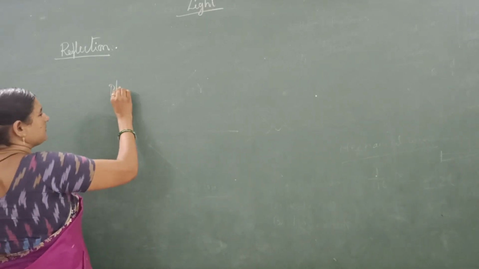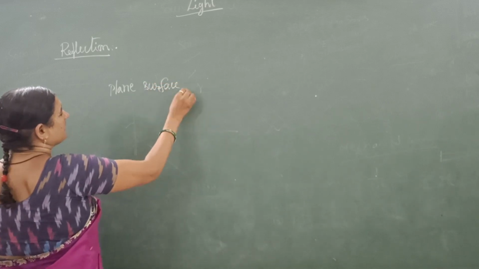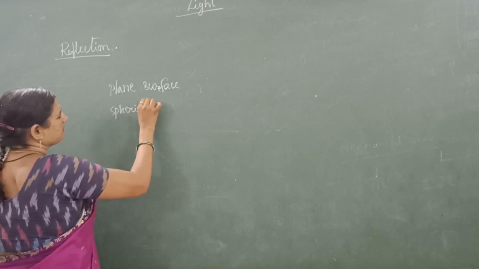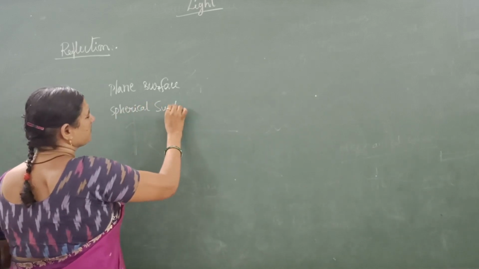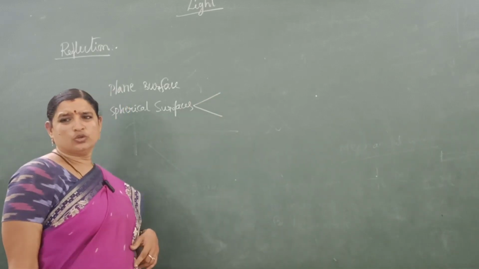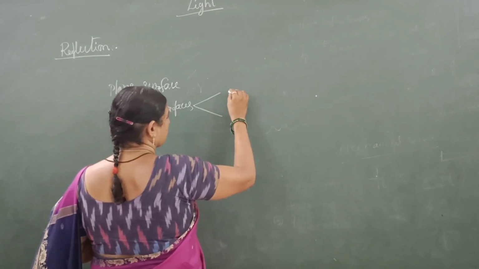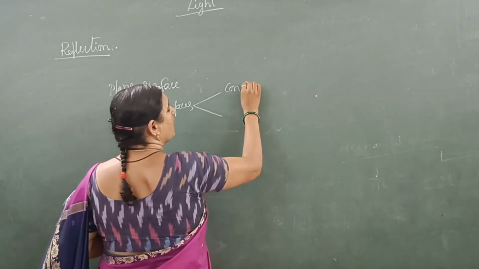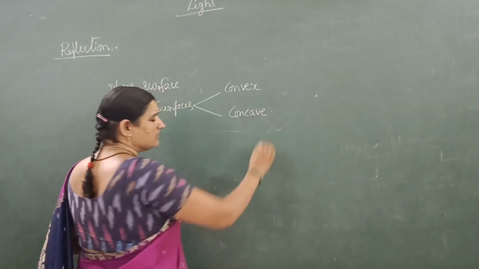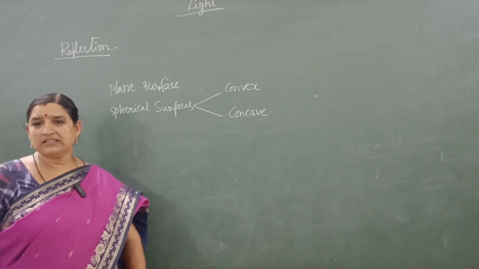One is the plane surface and the other is the spherical surface. Again, spherical surfaces are of two types: one is convex and the other is concave. These are parts of a sphere, which is why we call them spherical surfaces.